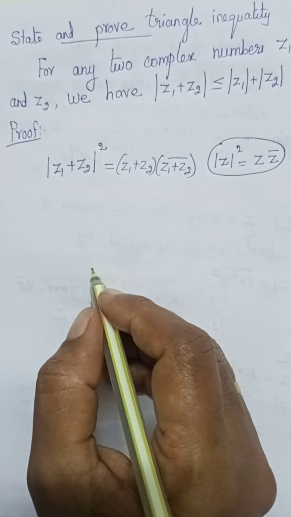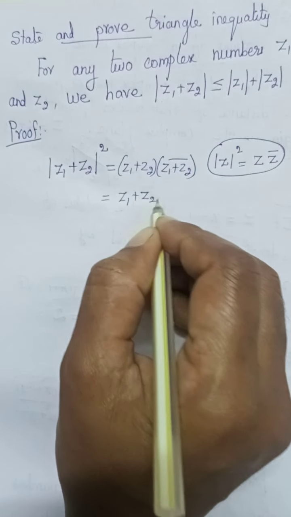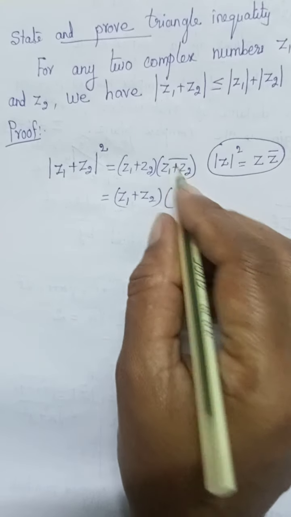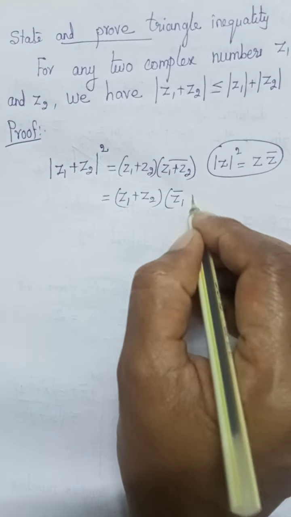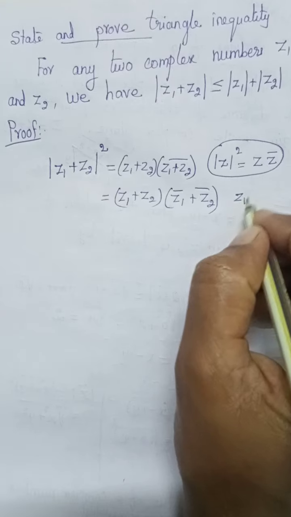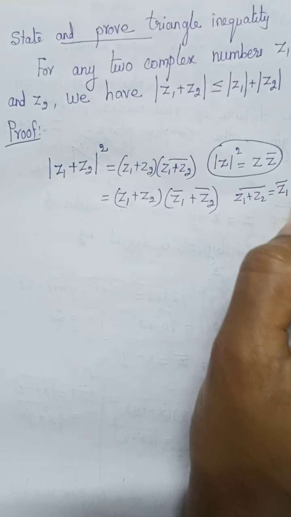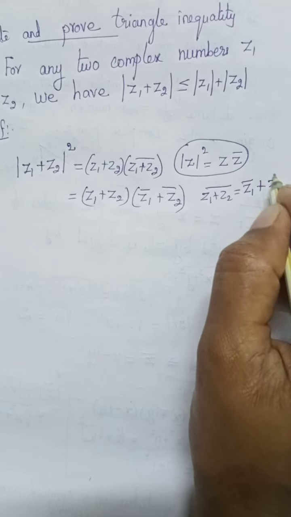Is that clear? Now, the bar of Z1 plus Z2 we can separate, isn't it? Z1 bar plus Z2 bar. We have learnt this already: Z1 plus Z2, the whole bar, can be written as Z1 bar plus Z2 bar.